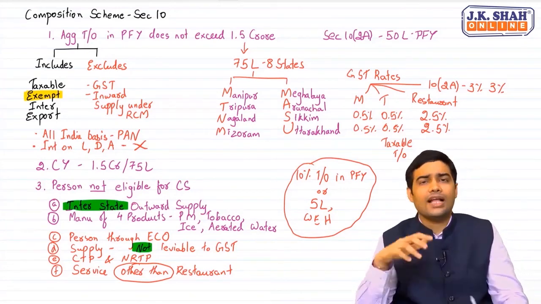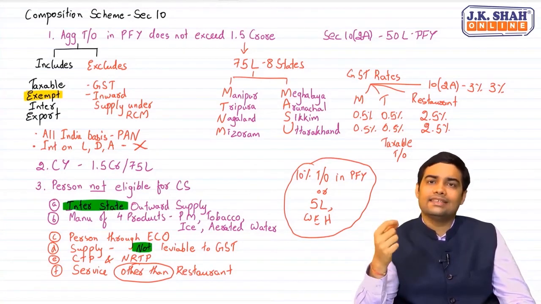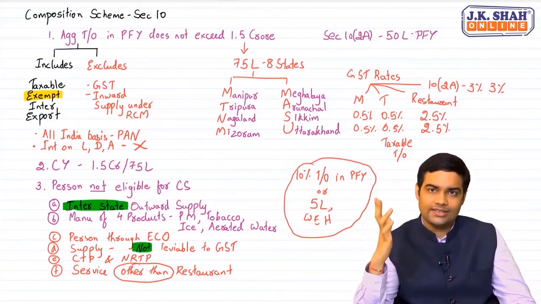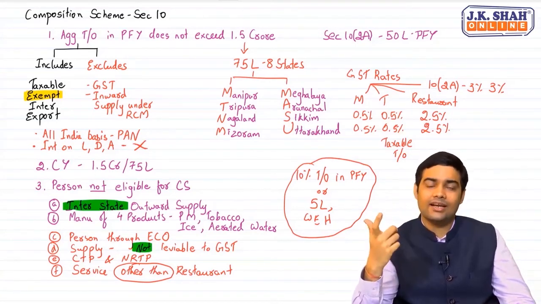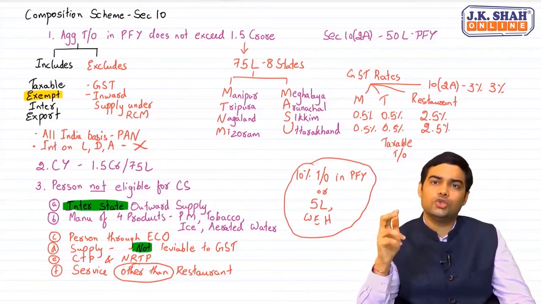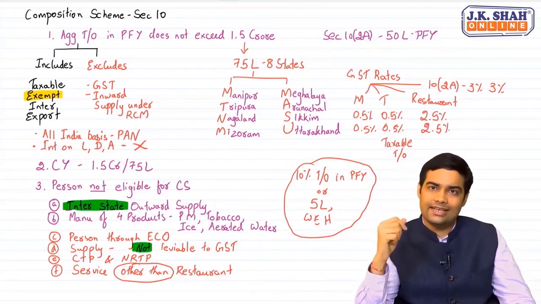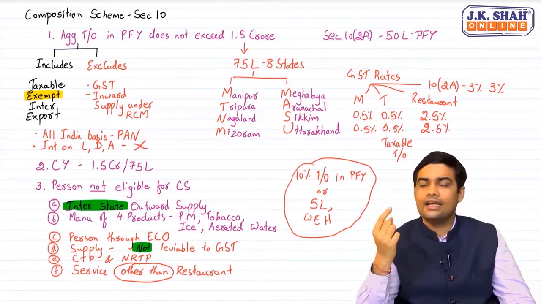Now, some key points. He will issue a bill of supply instead of a tax invoice. He has to mention that he is a composition taxpayer, not eligible to collect tax. Plus the name board should also mention that he is a composition taxpayer. In 3 cases, a person ceases to be a composition dealer. 1.